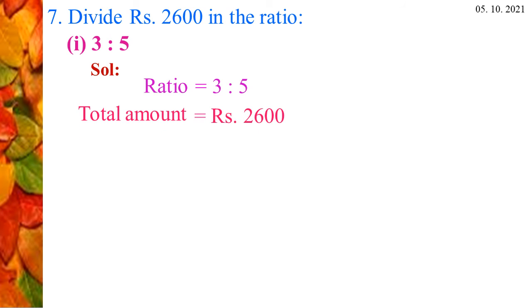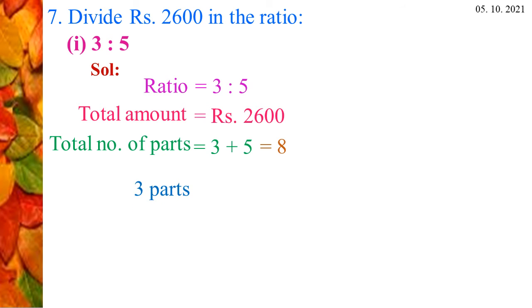Total amount is equal to rupees 2600. Total number of parts, that means the ratio 3 is to 5. So we can add the ratio, 3 plus 5 is equal to 8. Total number of parts equal to 8.